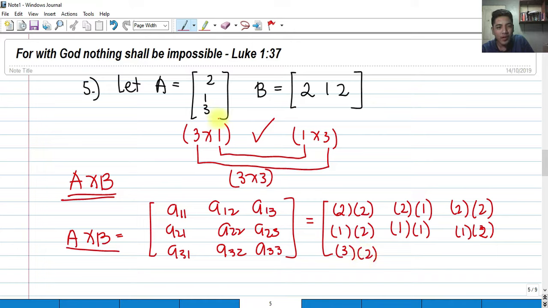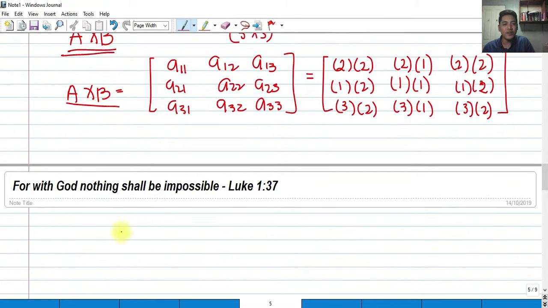A32, row 3 of A, which is again 3, and column 2 of B, which is 1. And A33, finally, row 3 of matrix A and column 3 of matrix B. So we have 3 times 2. Upon performing that, we shall be getting our answer, which is a 3 by 3 matrix.